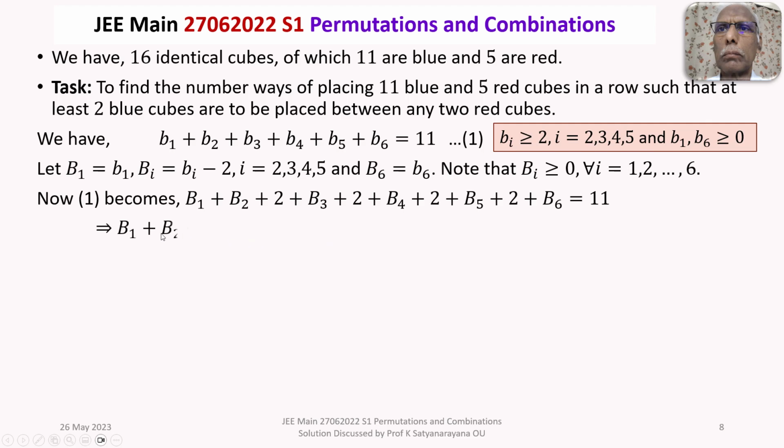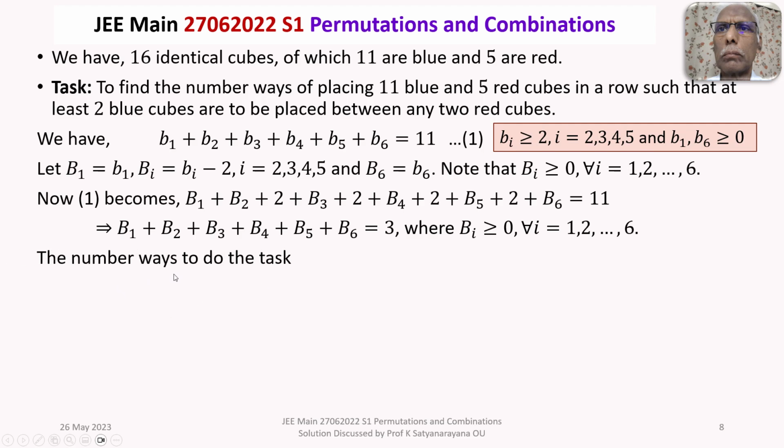Then we get capital B1 plus capital B2 plus B3 plus B4 plus B5 plus B6 is equal to 3, where each Bi is greater than or equal to 0, for all i equal to 1 to 6, non-negative integers. So the number of ways to do our original task is now reduced to this mathematical equation.